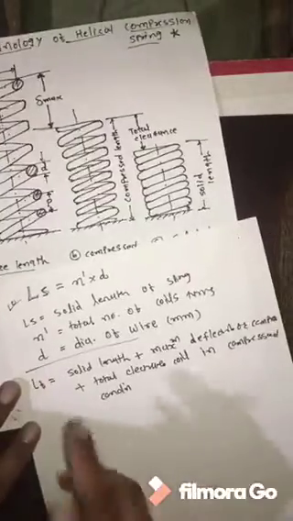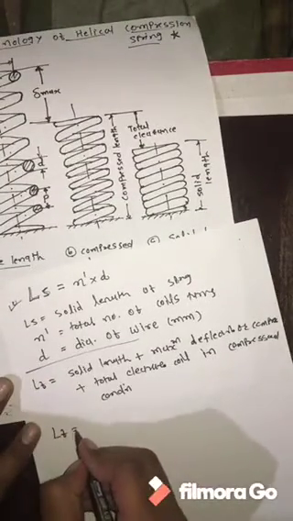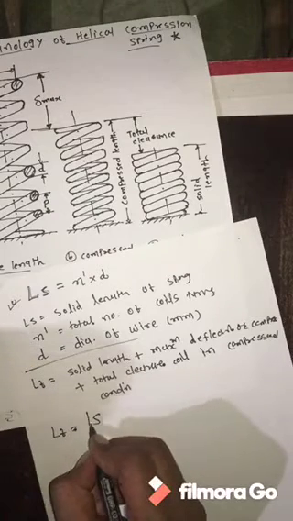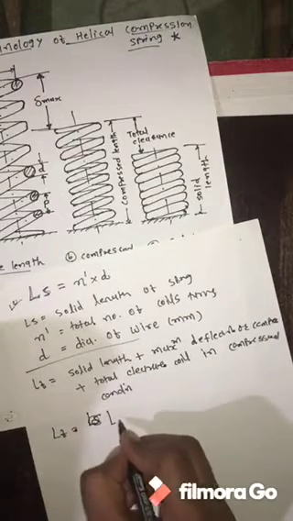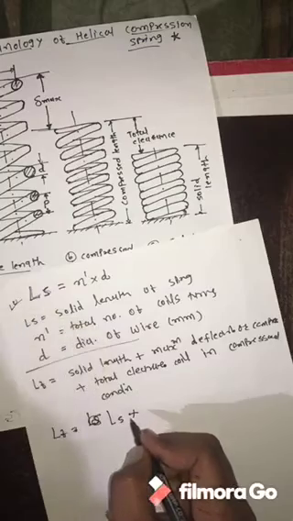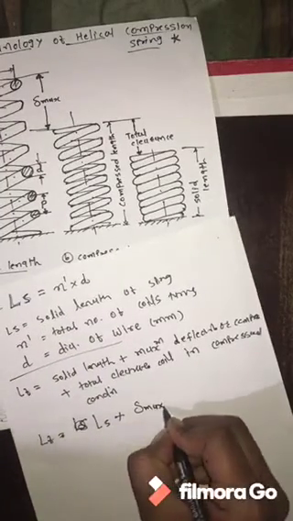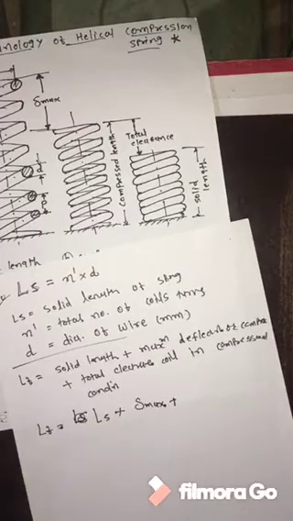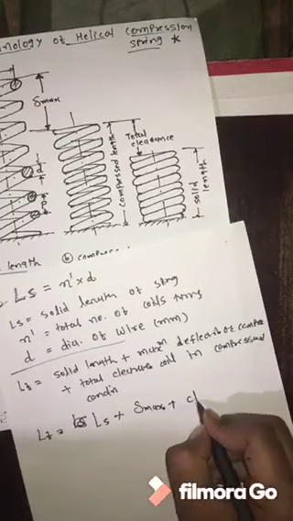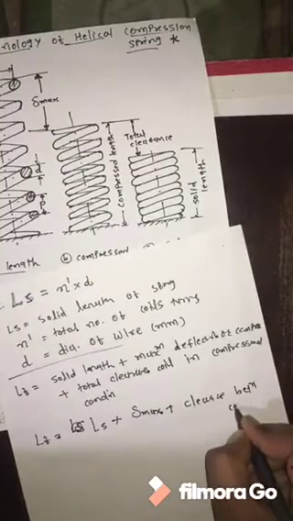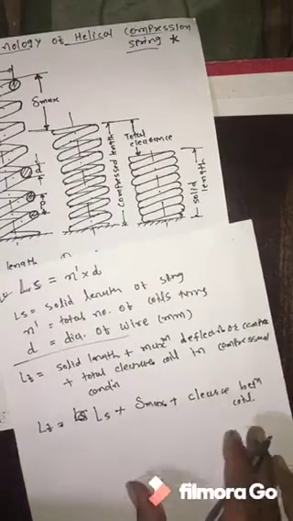So the equation of the free length is LF is equal to LS plus maximum deflection, that means delta max, plus clearance between the coils. That is the simple equation.